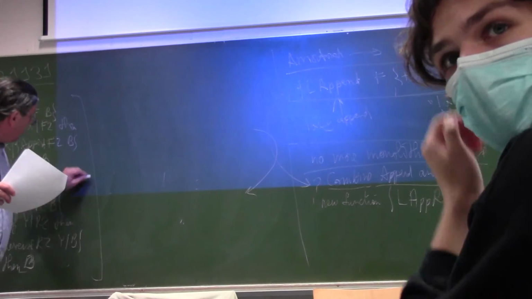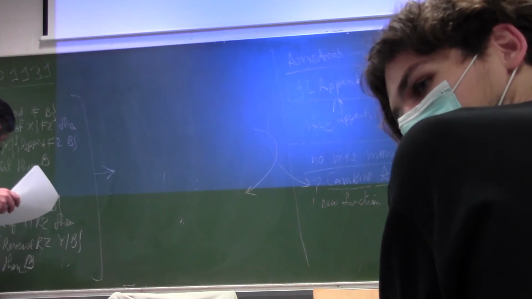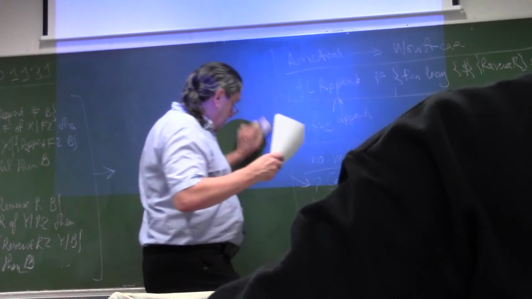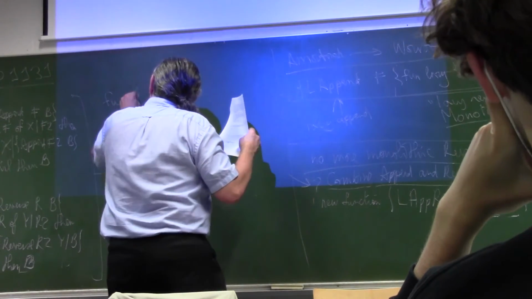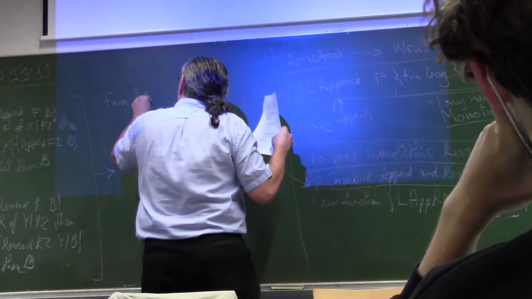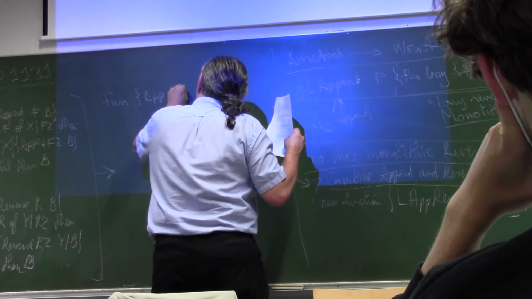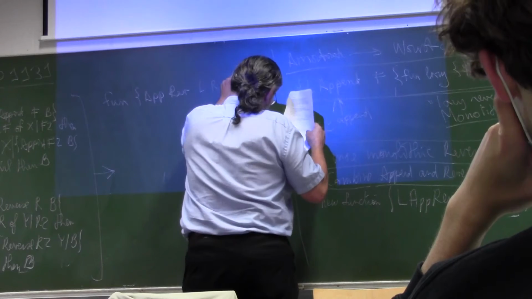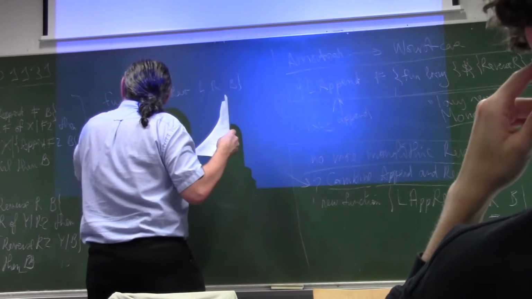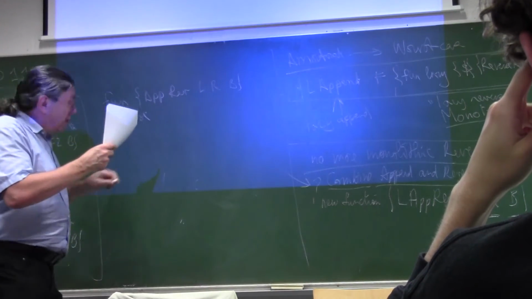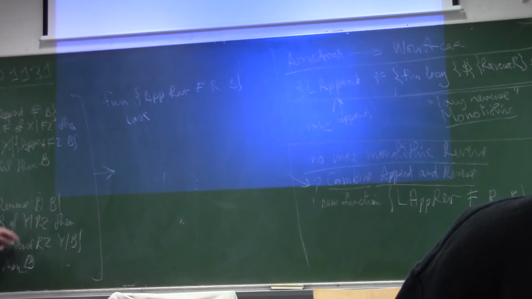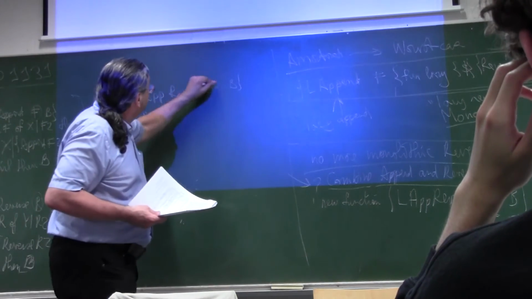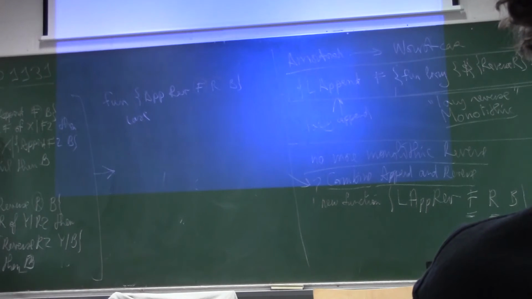Now I combine these two. Let me call this one Apprev, F R B. So I'm looking both at the F and the R here. The idea is I'm going to do these two steps at the same time.